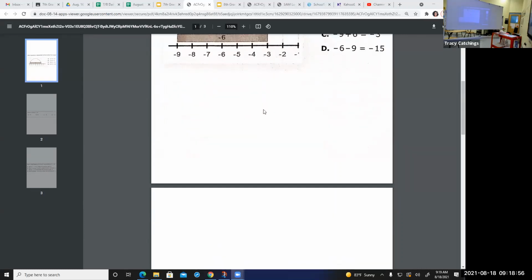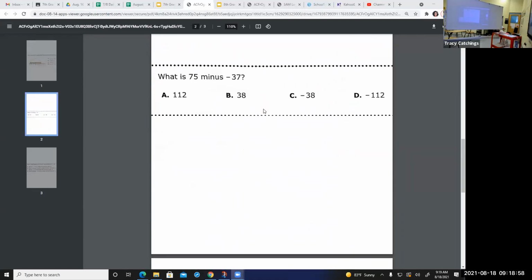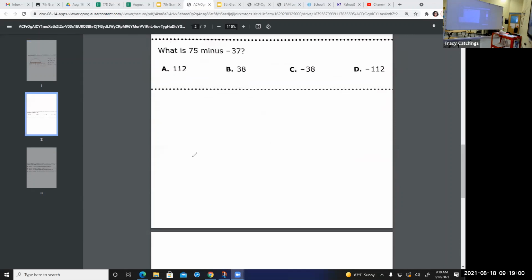All right, let's have a look at number 2. Number 2 said, what is 75 minus -37? Anyone try this problem and you want to walk us through it? All right, what's the key word in that question? 75 minus 37.